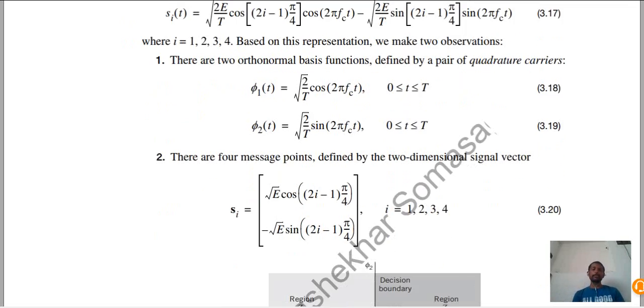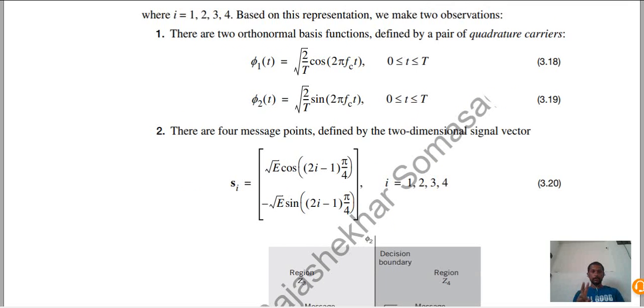And the second observation is it has 4 message points. As we have seen in the binary PSK, we have only 2 message points, that is S11 and S21.